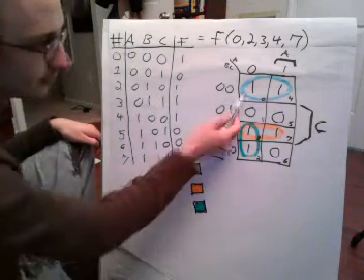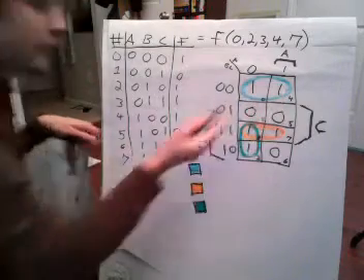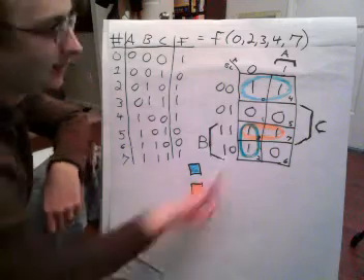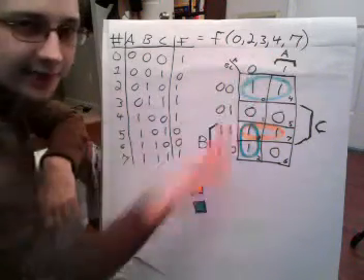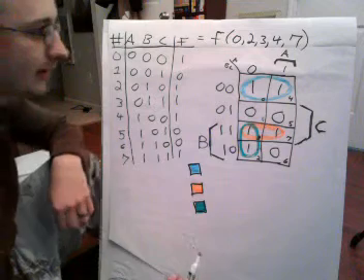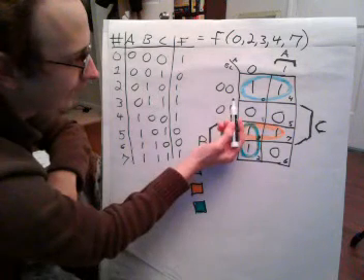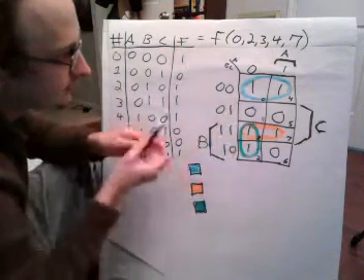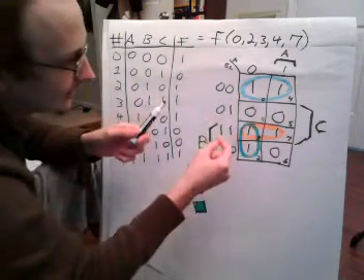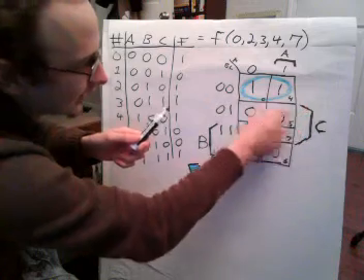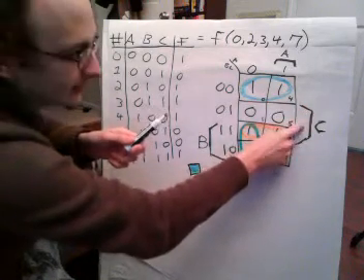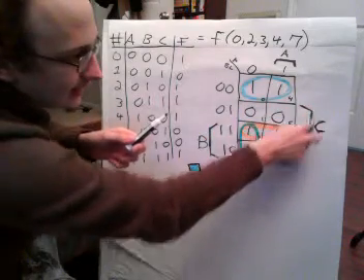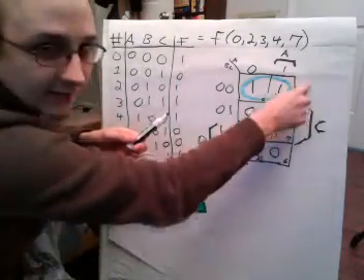So for this blue one, just these two, we can look and see that A does not stay the same. A changes, so A is not going to be included in our minterm here. An easy to see thing here is that it's not part of the C column. The C columns are in the middle, and anything that is not in the C column is C naught.